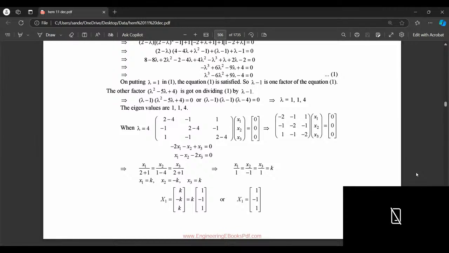You may take any two equations. So put lambda equal to 4: 2 minus 4, minus 1, 1; then minus 1, 2 minus 4, minus 1; last row 1, minus 1, 2 minus 4.